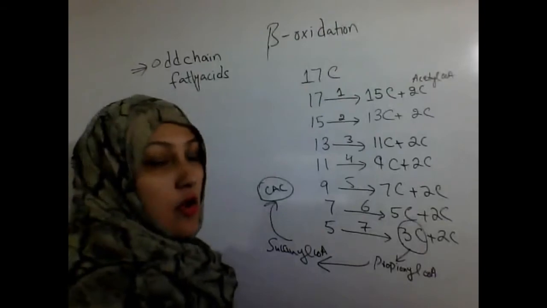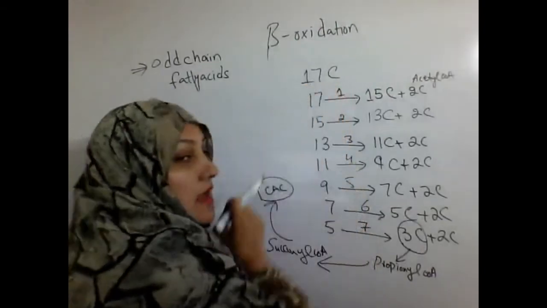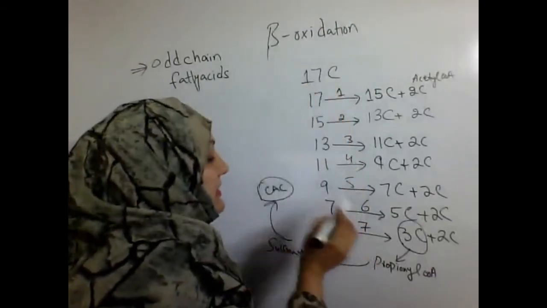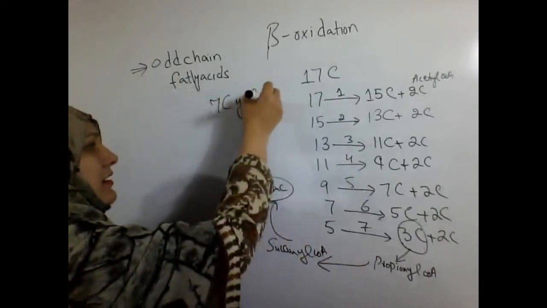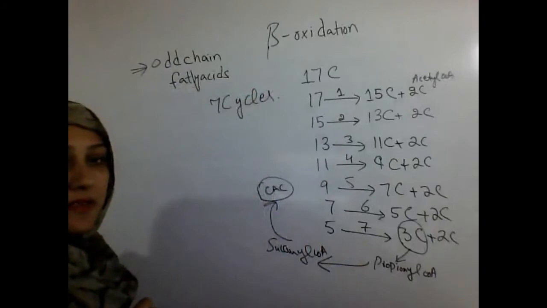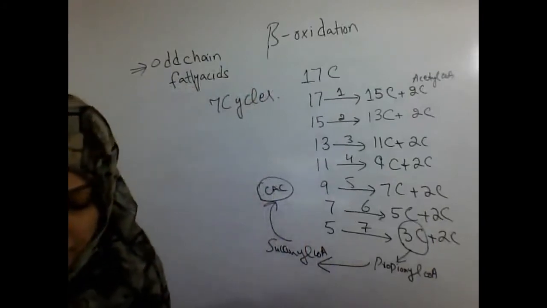So now we know that in the case of the 17 carbon molecule, 7 cycles occur.